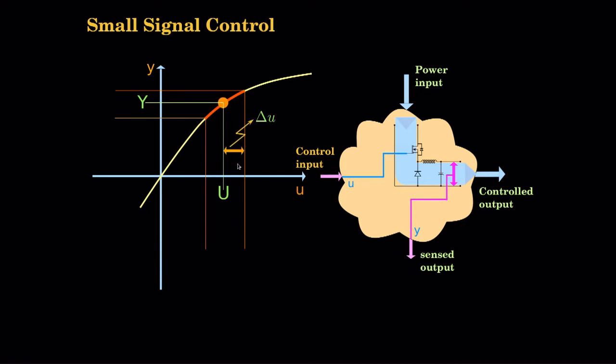So, what is delta x? Delta u will be one deviation either up or below along the u axis, and along the y axis also you have the deviation about the operating point, delta y.